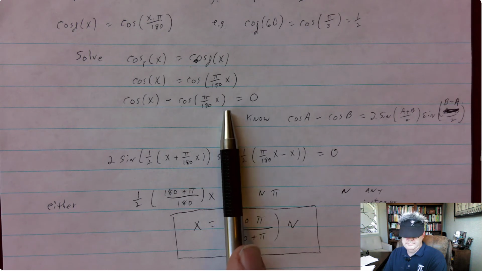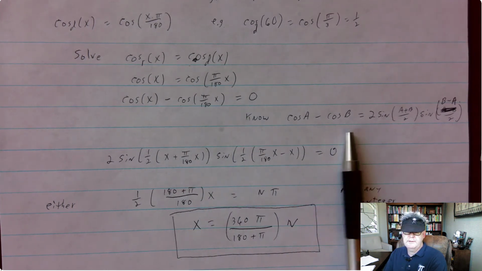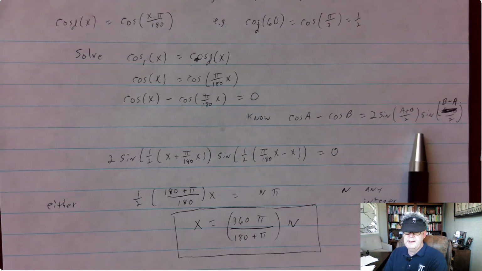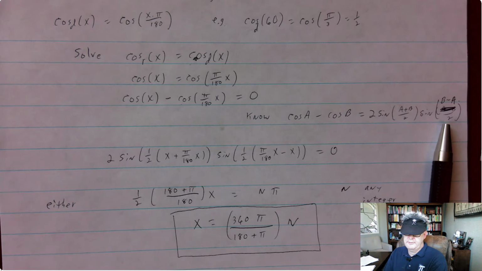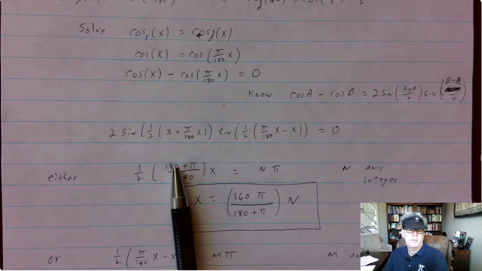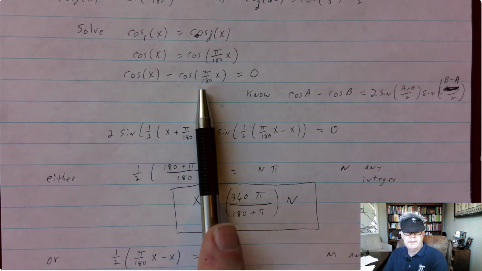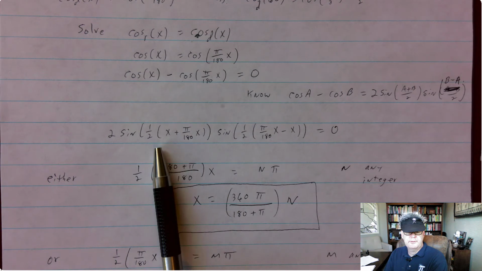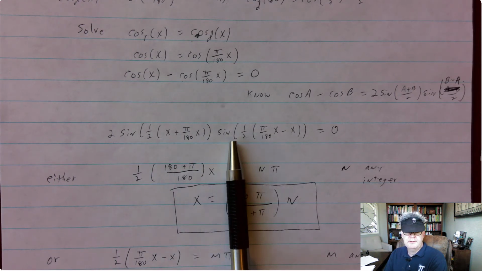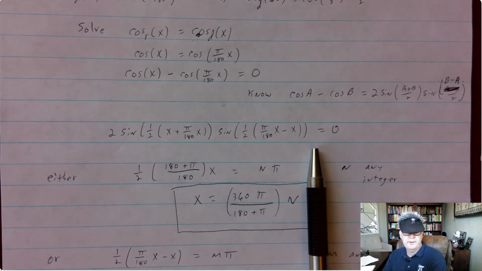And this time I'll do the subtraction first and use this difference of cosines identity, 2 times the sine of the sum, and sine of the difference, it's actually b minus a, or a minus b first. But so the difference here will be 2 times the sine of 1/2 the sum, and then sine of b minus a, so like that, equals 0.